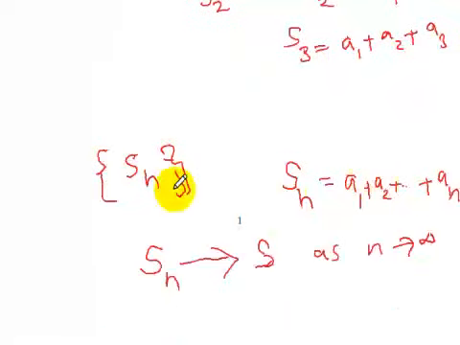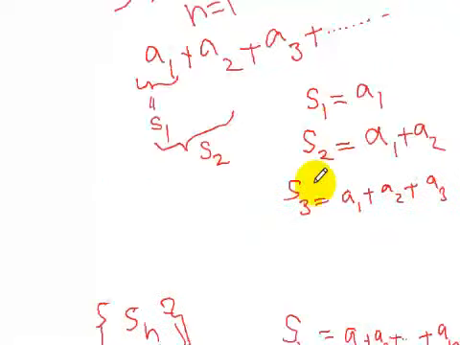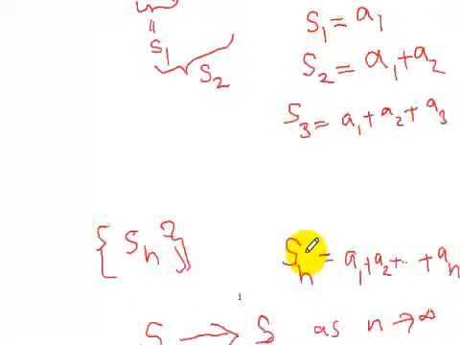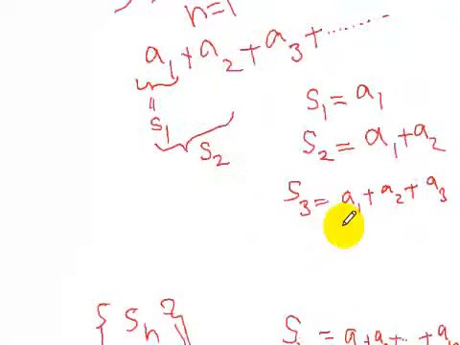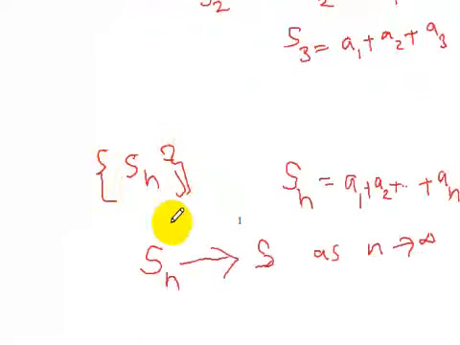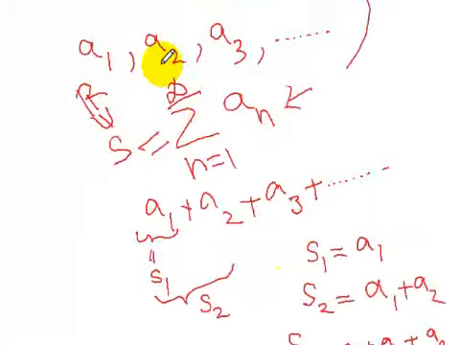So now we generated a sequence from this list, right? The limit of this sequence, the limit of these partial sums, converges, and it is said to be the sum of this infinite series.